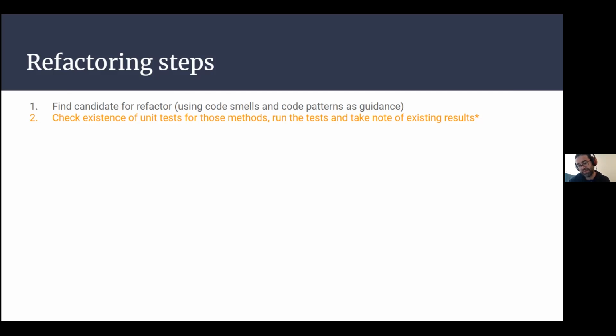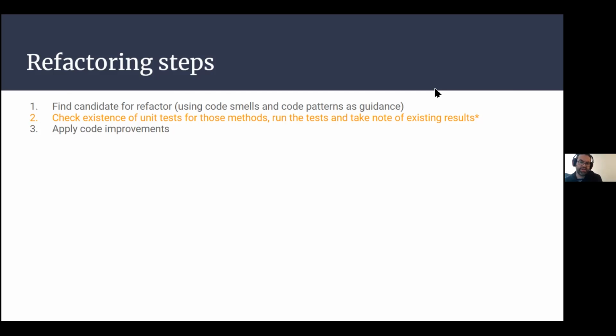So the first time you run the tests, sometimes you don't get 100% results. Sometimes some tests fail. But if that is the initial test result, keep track of it. Write it down, take a screenshot, whatever. You're going to see how it becomes handy.